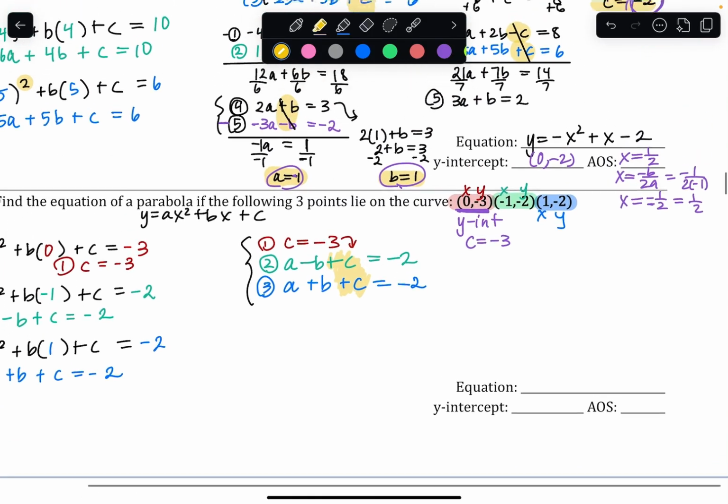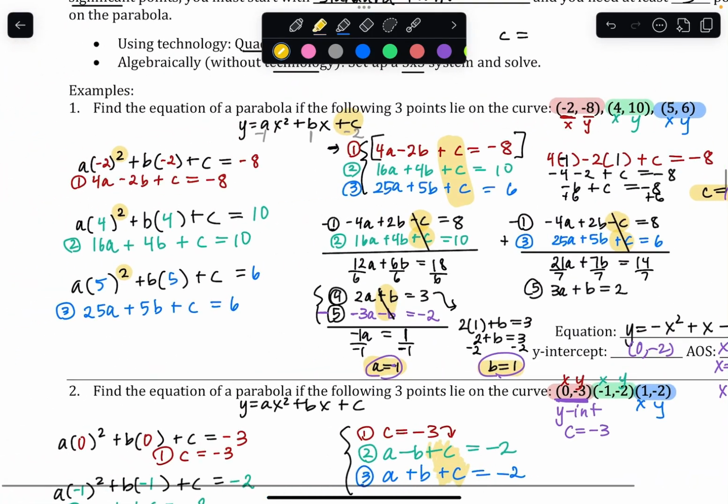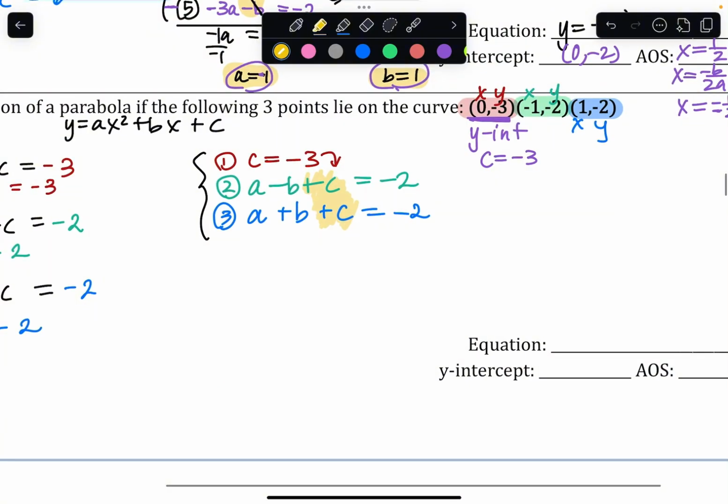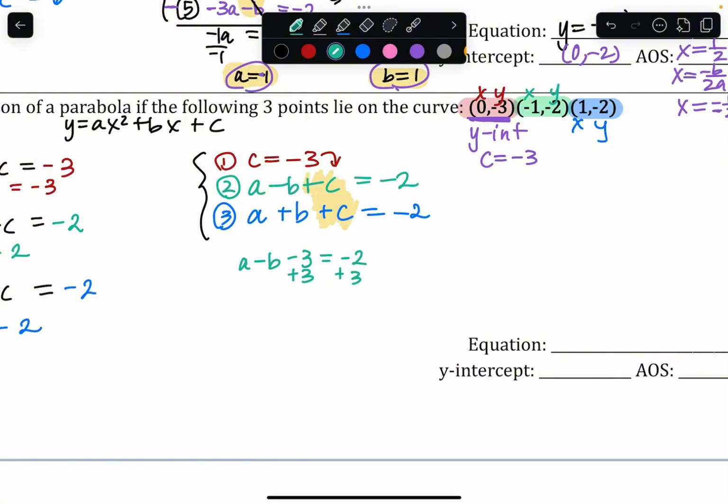Okay, and so if you don't have this setup, you need to use elimination. If you do have this setup, use substitution. Substitute your c value. Okay, and so my green equation, a minus b, and then c is -3 equals -2. We'll just move the constant to the other side.